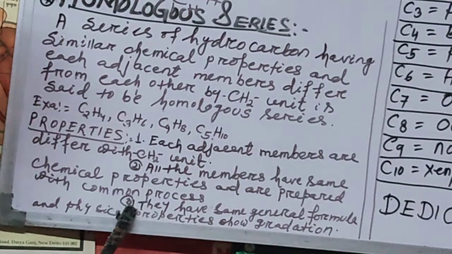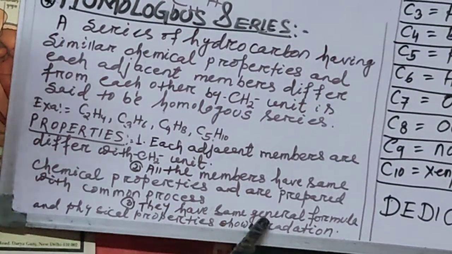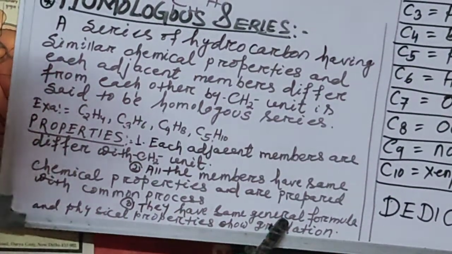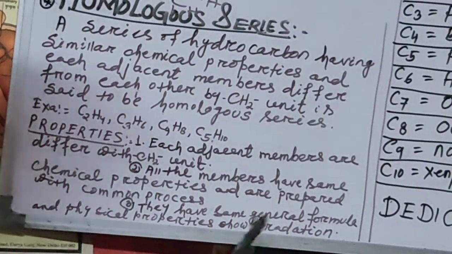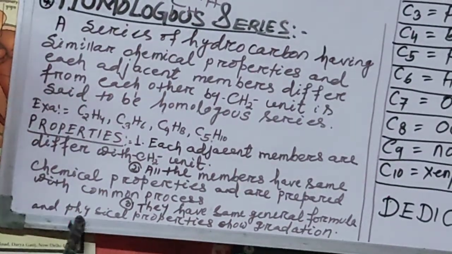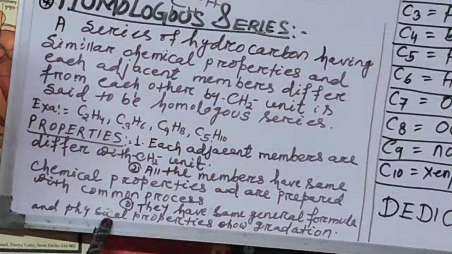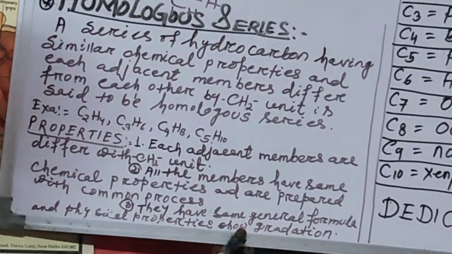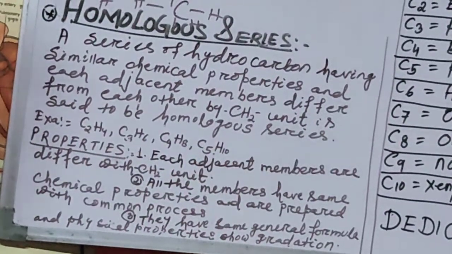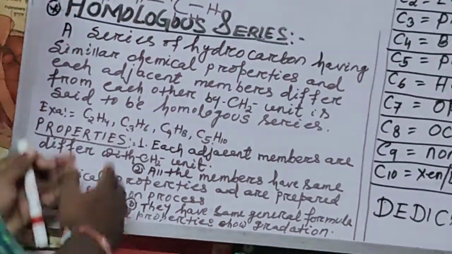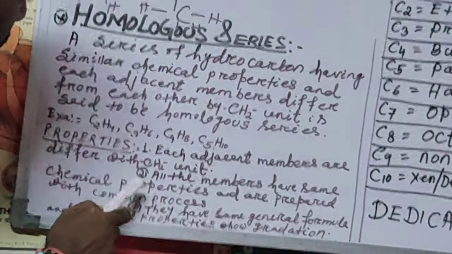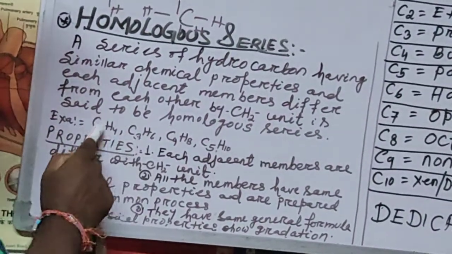Then number 3: they have the same general formula, and their physical properties show gradation. That means they have the same general formula, because you see this is C2H4.